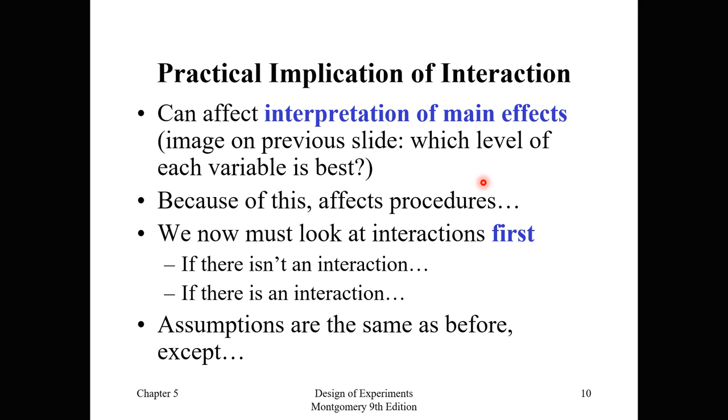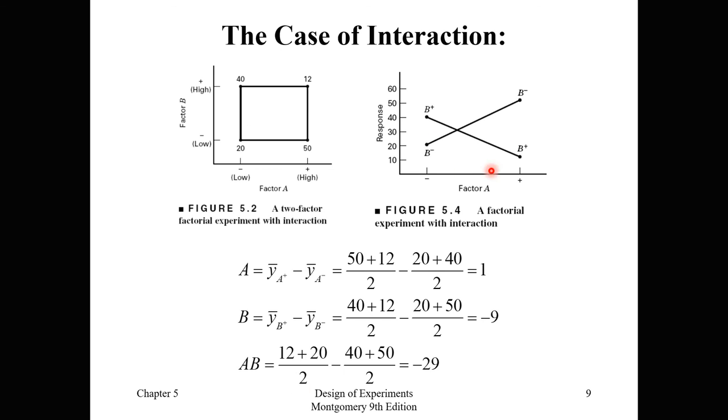But after we fixed our assumptions and they pass, we then look at interaction before we look at anything else. If there is an interaction, we say that we have to stop and we can't look at main effects. We have to go and look at one of these plots to figure out what's going on behind the scenes here. The main effects of our statistics are going to be deceptive in the case of an interaction.